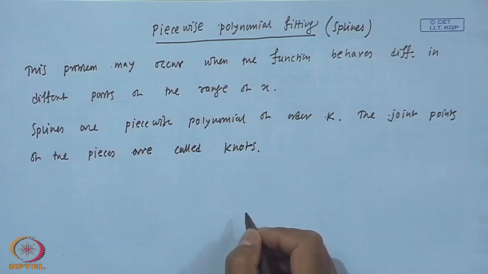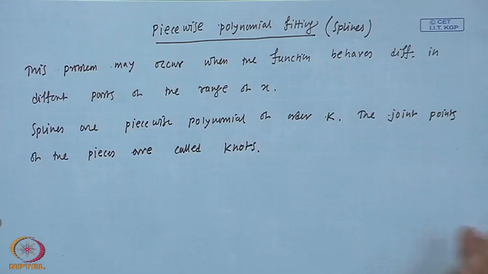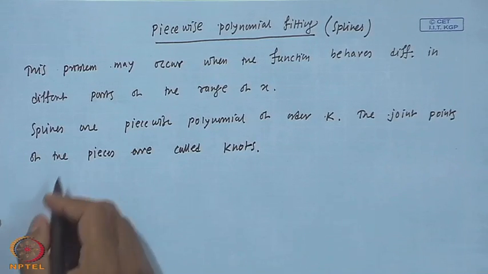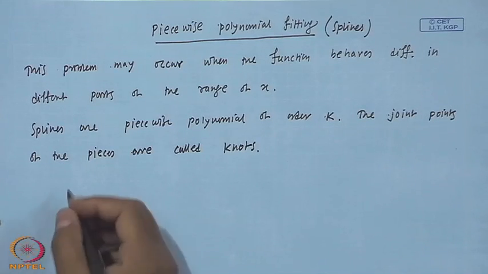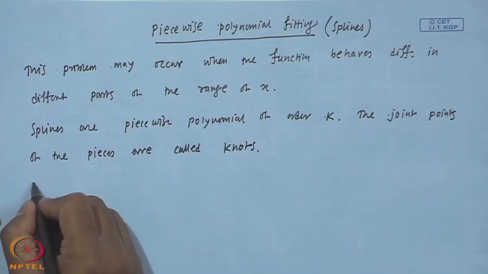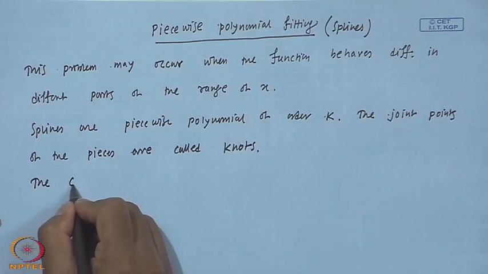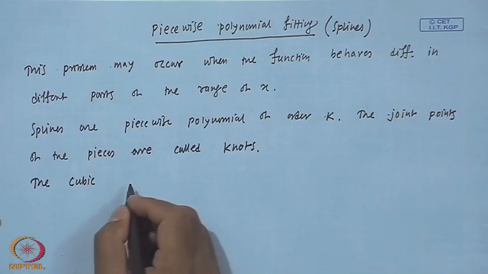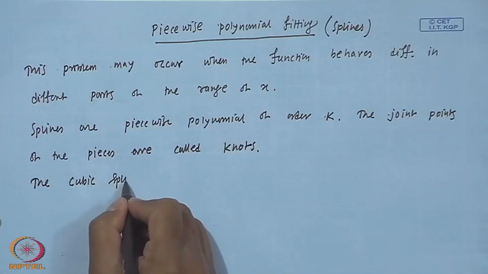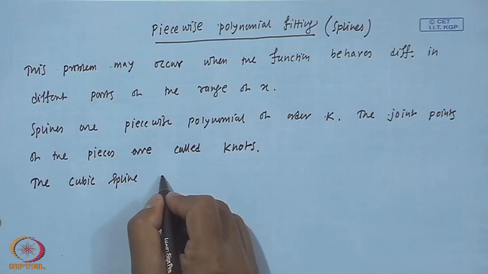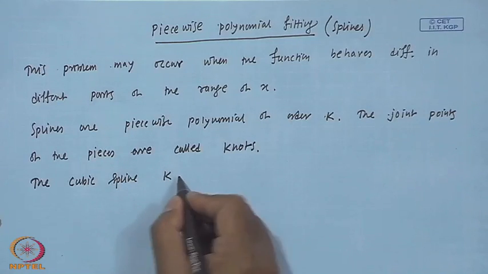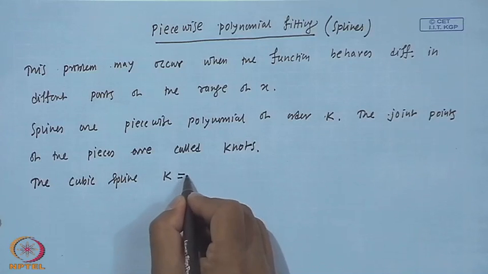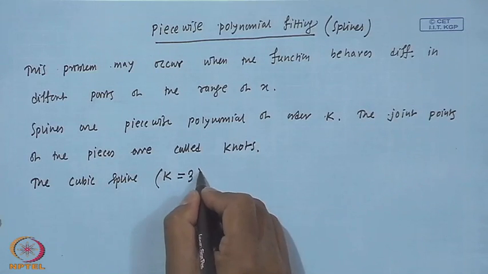Here we will be talking about the cubic spline, that is, where you consider the degree of the polynomial k equal to 3.